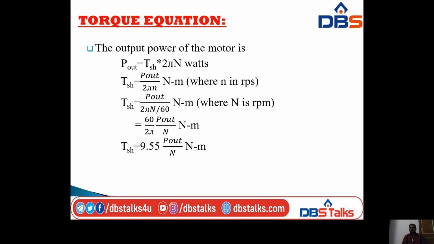So τsh, the shaft torque, is equal to 60 by 2π, and by solving this we have 9.55 into Pout by N Newton meter. Okay, this is the entire torque equation for a DC motor. This is the armature torque and shaft torque, also known as useful torque.